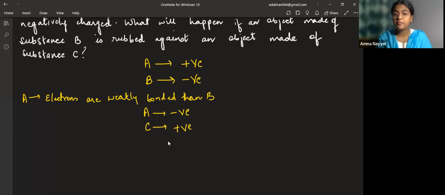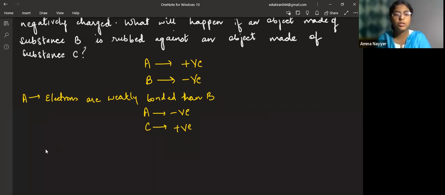So it means in C, electrons are weaker, right? Because C is positive this time. It has allowed the electrons to escape from itself and led to the formation of negatively charged A body. A gained electrons, C lost electrons. So C became positive, A became negative. Now it means electrons are weakly held in C. That's why it allowed the electrons to escape.